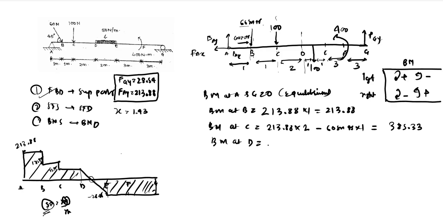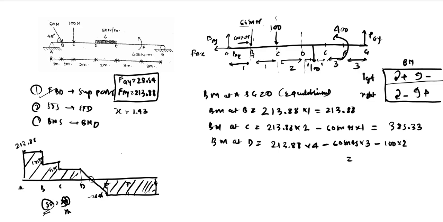So the bending moment at D, if you cross the beam somewhere here and calculate from the forces on the left only. You can also consider forces on the right, but we will consider the left. The answer will not change; it should come out the same if you follow the sign convention carefully for the right and for the left. So for the left, we have 213.88 into the distance, which is 4 now, and it is a clockwise movement, minus 60 sin 45 into the distance, which is 3 now, minus again, because of the sudden force at C, it will be 100 into 2.